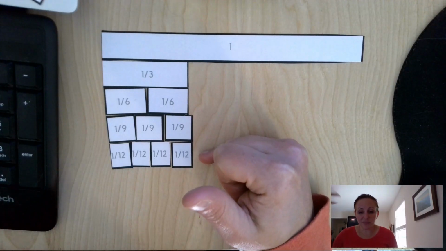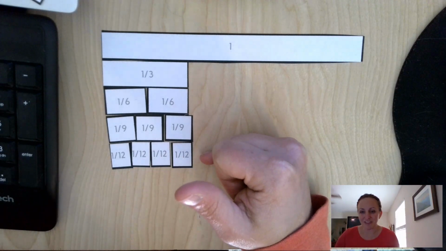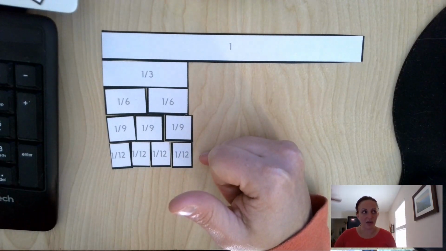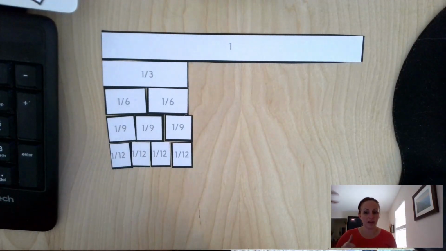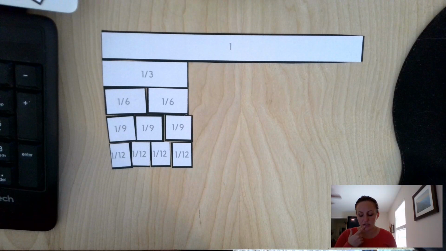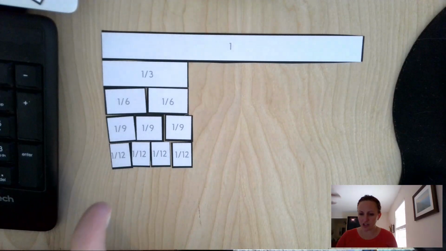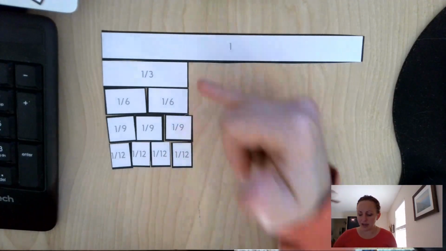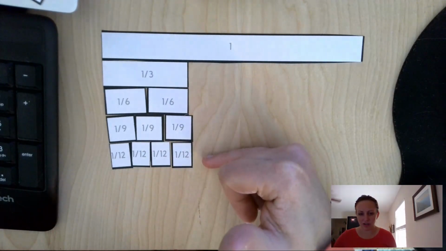So it sounds like I'm listing the multiples of 3. Well, when multiples multiply, maybe I can use multiplication to help me find equivalent fractions, right? Because I'm listing multiples of 3.